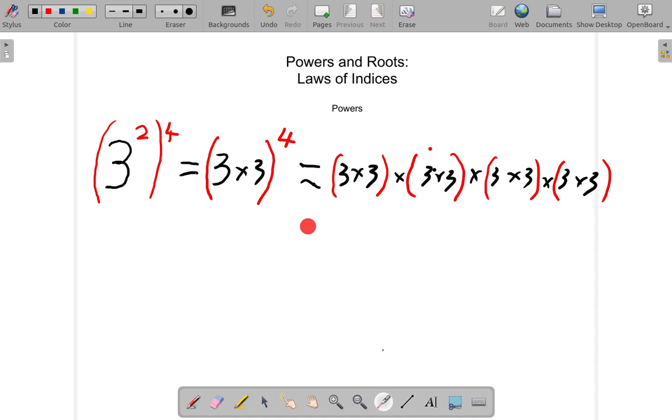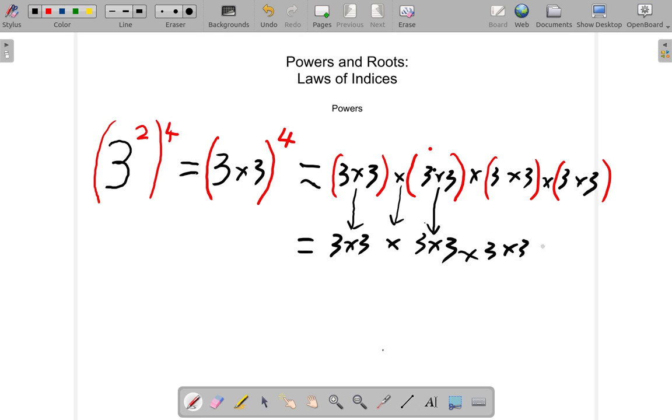Now let us remove these brackets. This is 3 by 3. Put down this multiplication sign here, times 3 by 3. But this multiplication sign is this, and so on and so forth, right? So times this one, times 3 by 3, times finally 3 by 3. Alright, all we're left with is some 3's that multiply each other.